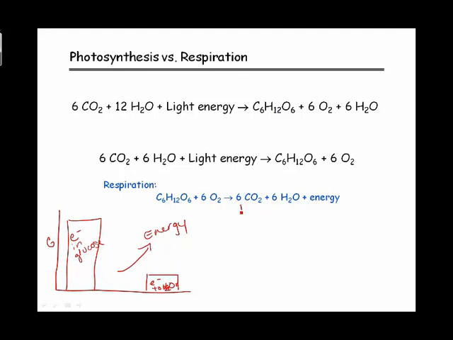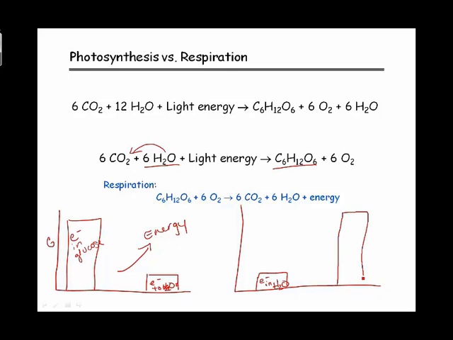If we compare this with what's going to happen in photosynthesis, we're going to start with electrons in water. So these will again be very low energy electrons. So here we've got our electrons in water. We're going to take those electrons and ultimately we are going to pass them to the carbon dioxide. When we do that, that carbon dioxide is going to become organic.